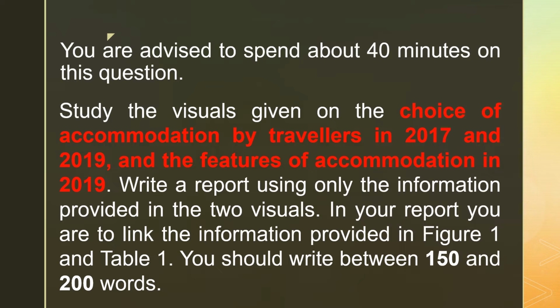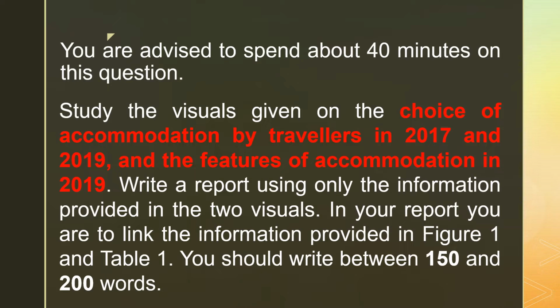Study the visuals given on the choice of accommodation by travelers in 2017 and 2019 and the features for accommodation in 2019. Write a report using only the information provided in the two visuals. In your report, you are to link the information provided in Figure 1 and Table 1.